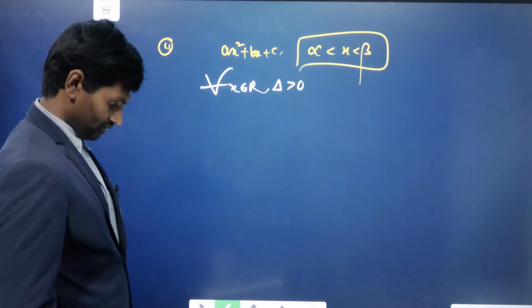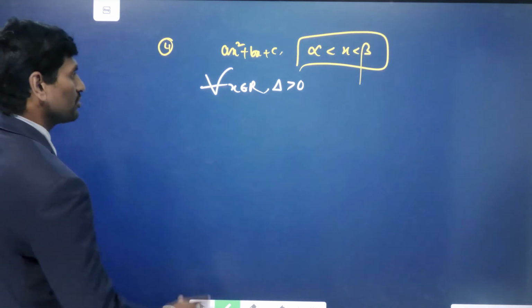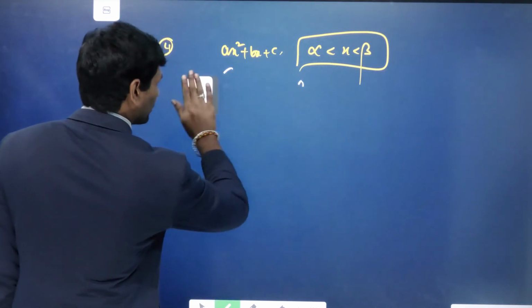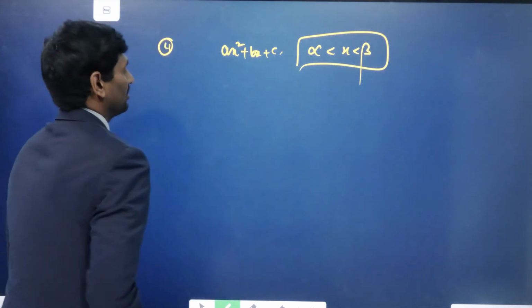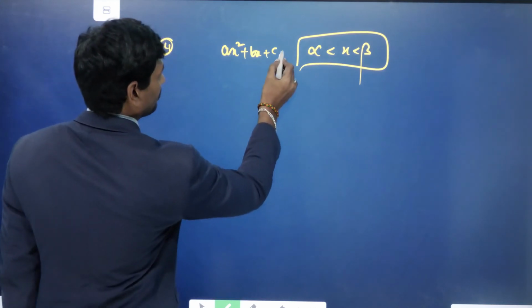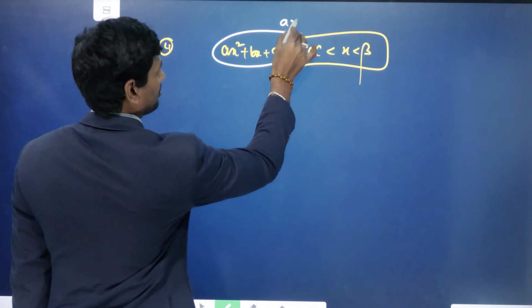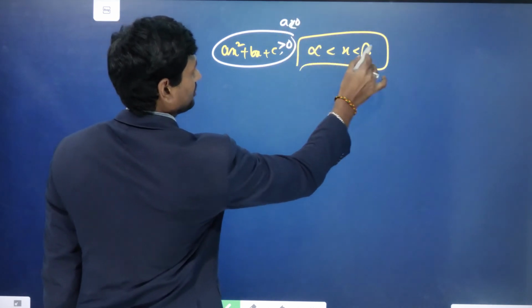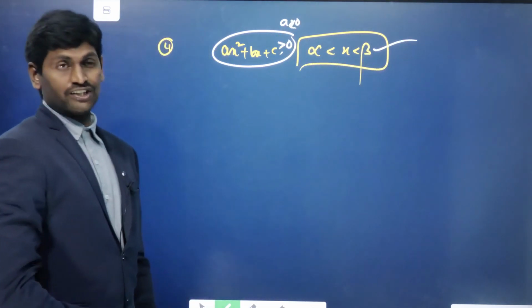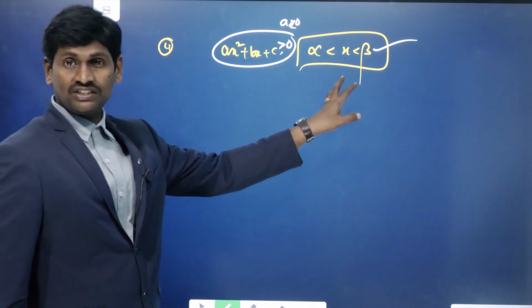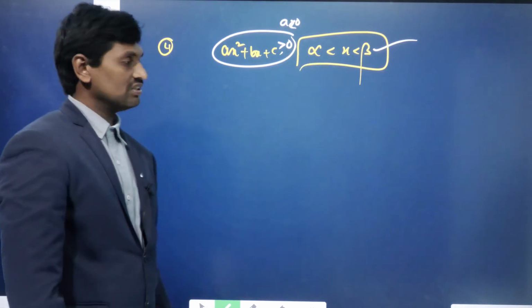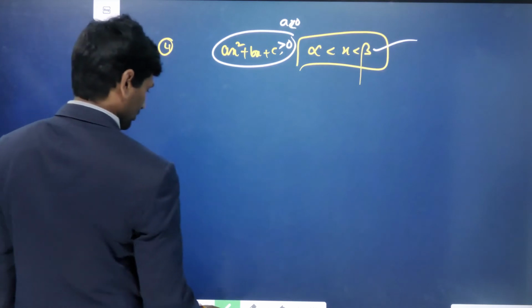Actually, the question is, one second. Please don't write this answer, because the question given here is greater than 0. It should be given greater than 0 and a value greater than 0, then only less than 0 is possible. It is already given the condition, so consider that this is the solution. Let us go to the next question.